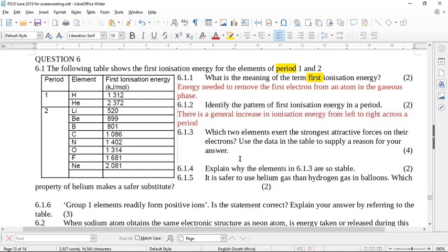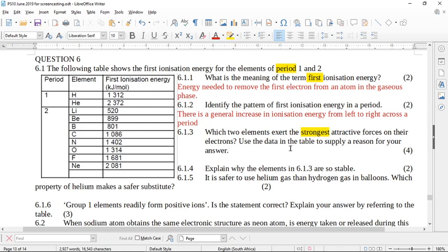Which two elements exert the strongest attractive forces on their electrons? So 2 marks for the 2 elements, 2 marks for using the data in the table to supply a reason for your answer. The ones with the strongest forces are the ones that take the most energy to remove the electron. So you look through this table, and it is helium and neon.